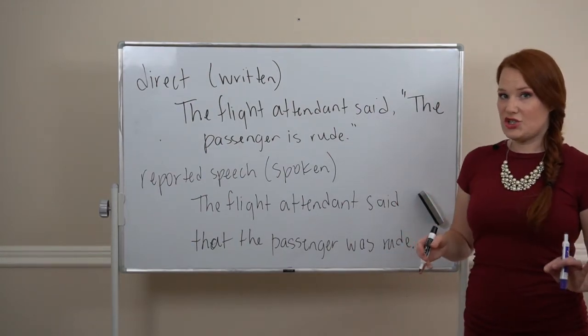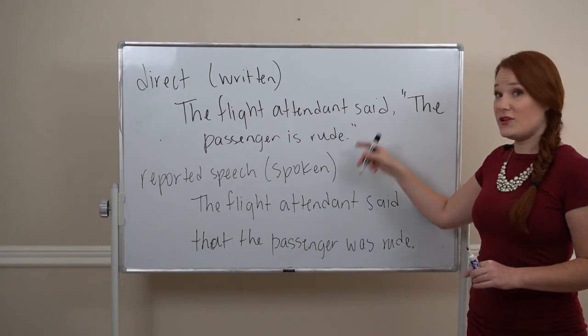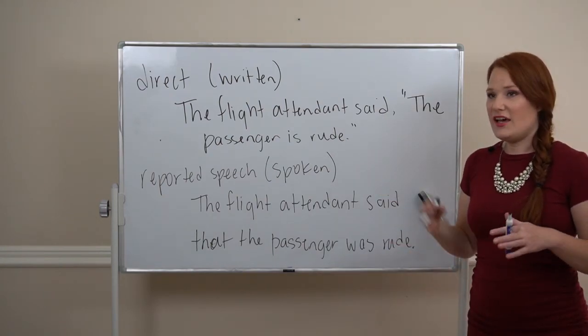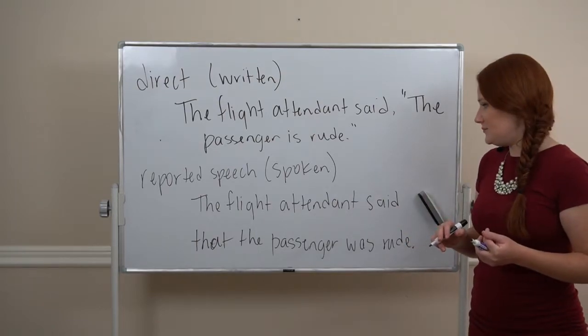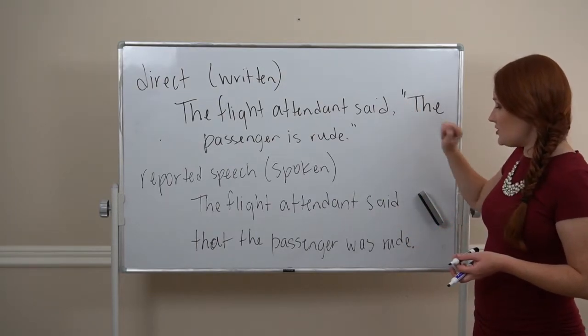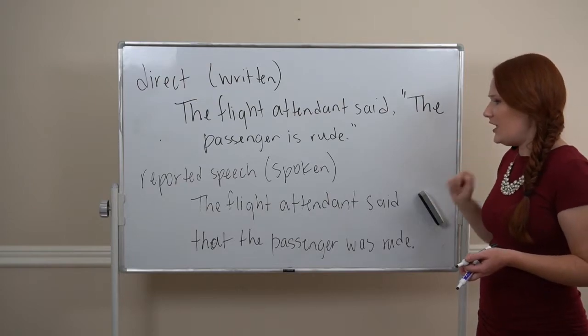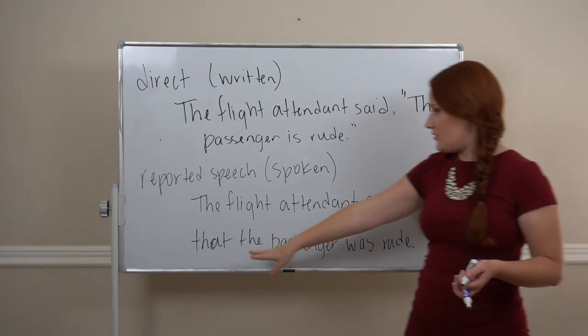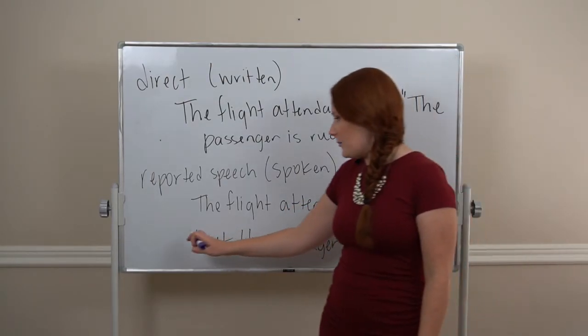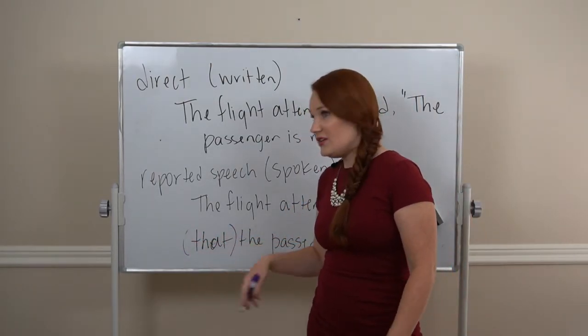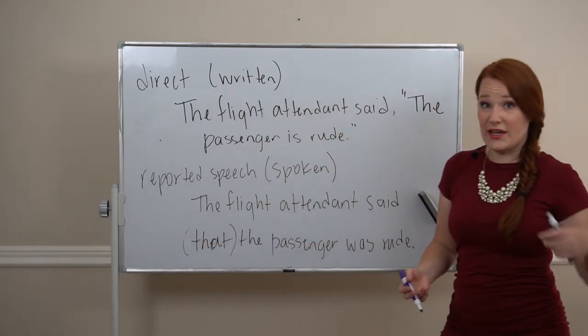So no quotation marks. This is not exactly what the flight attendant said. I'm telling you in a more casual way what she said. So there's no quotation marks, no comma, and if you'll notice, we added the word that. In reported speech, that is optional. You can say it, you can leave it out, it's totally up to you.